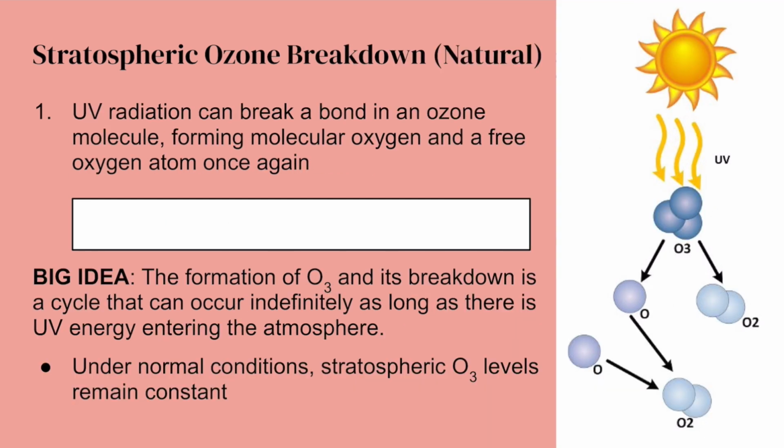So ozone in the stratosphere is formed and it breaks down naturally. Without input of other chemicals by humans, this is just occurring all the time. How it occurs is this UV radiation from the sun can break apart oxygen molecules, those O2s, to form free oxygen, and it can also break apart bonds in ozone. So that's what we're seeing here.